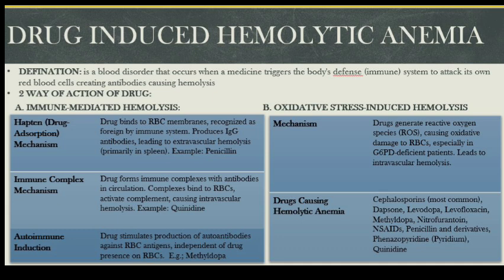The next one is oxidative stress-induced hemolysis. Some drugs generate reactive oxygen species that damage RBC membranes, especially in people with G6PD deficiency. Some common drugs which cause hemolytic anemia are cephalosporins, nitrofurantoin, and penicillin derivatives.